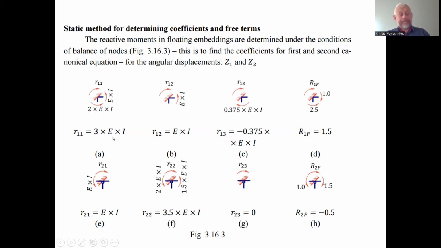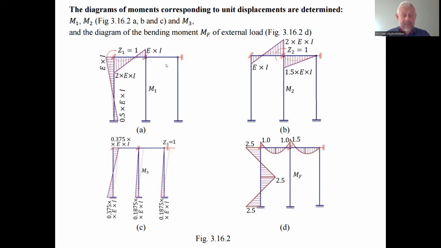After that, let's consider the diagram to find the rotation moment under the action of the unit kinematic displacement in the second embedding. So we have the second embedding, and the diagram of the action of the second embedding. On the left, at the location of the first embedding, the rotation moment is equal to E by I, E the modulus of elasticity.